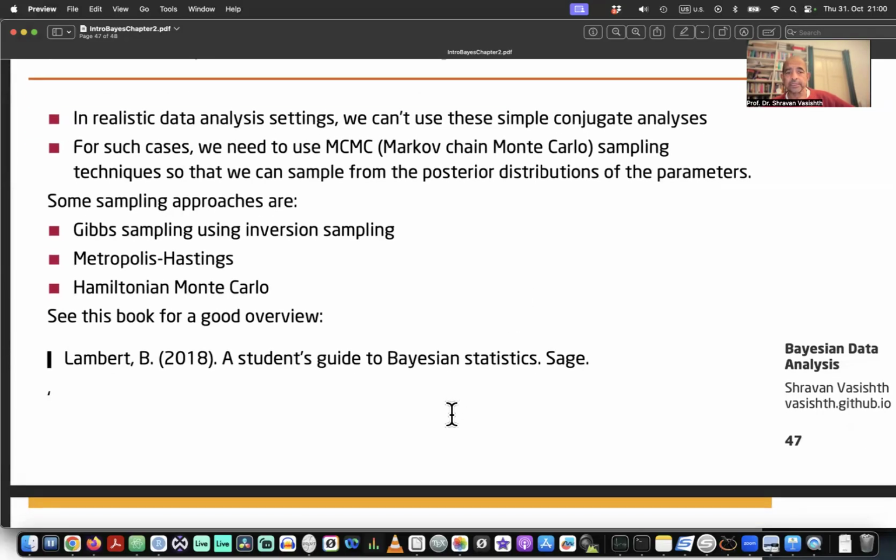And so the next topic that I will cover is different sampling approaches. This is not in the textbook. We don't discuss sampling at all. So what I did was I will just record a lecture on different sampling methods so that at least you have some intuition for what it means to write an MCMC sampler.